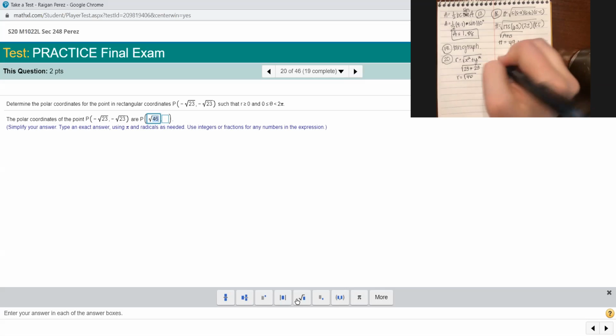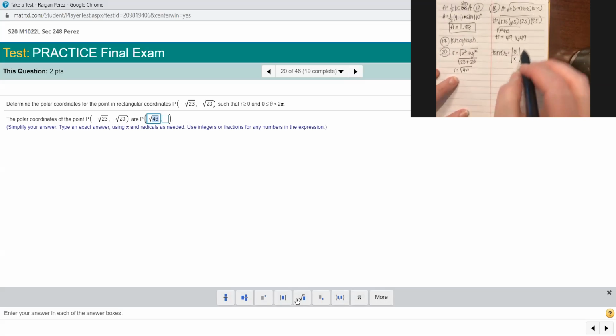Yes, and then tangent of the reference angle is y over x. So here, I'm sorry, let's see, would be negative square root of 23 over square root of 23. Negatives cancel out, and that divided by itself is 1.